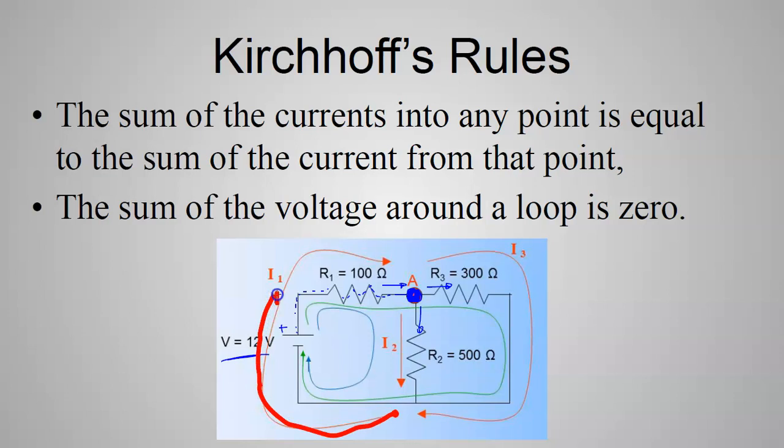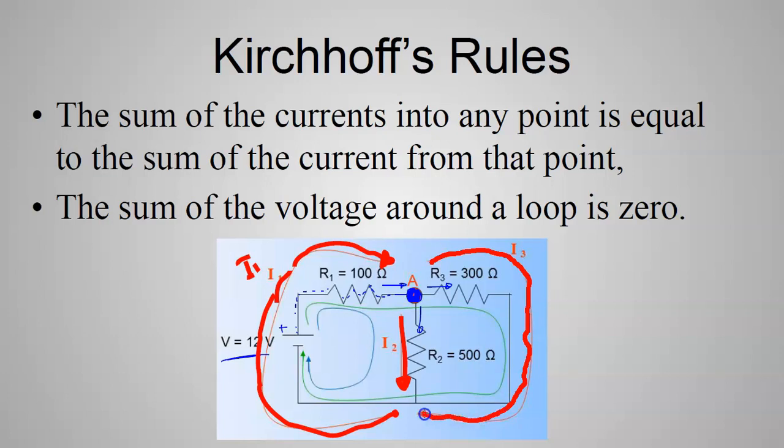It's got to go through the battery and through the resistor and it's going to end up right there. And so they've labeled all of that I1. All right? And you kind of got to do that first. You got to pick all the current branches. So that's the first one there. Okay, and we already said that once it gets to point A, it can either go down or it can go around. So they've labeled this one arbitrarily as I2, and the other branch is I3.